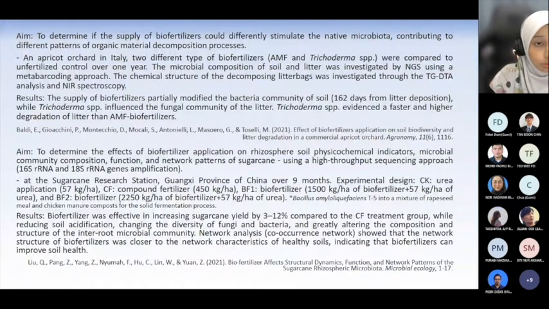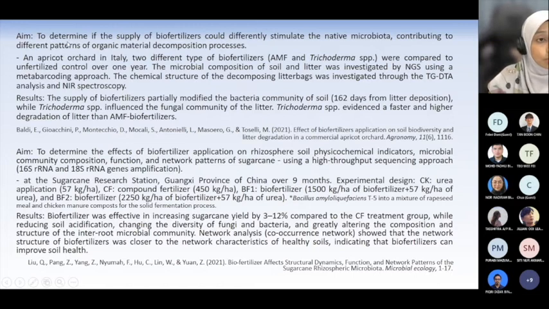Okay, so I bring two papers related to this topic to discuss with everyone today. One of them is Effects of biofertilizers application on soil biodiversity and litter degradation. So this is the one I mentioned just now, looking at the decomposition process.